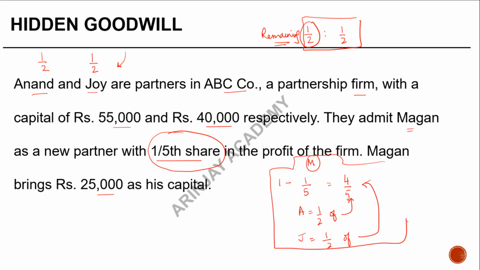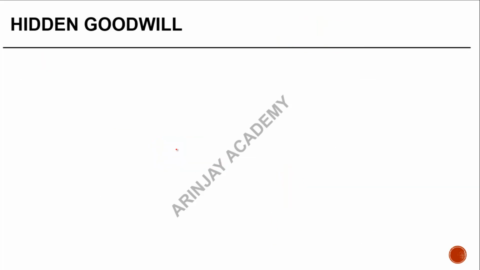The question is that he got 25,000 for 1/5 share in the profit of the firm. So if Magan got 25,000 for 1/5 share, ideally the total capital should be equal to how much?